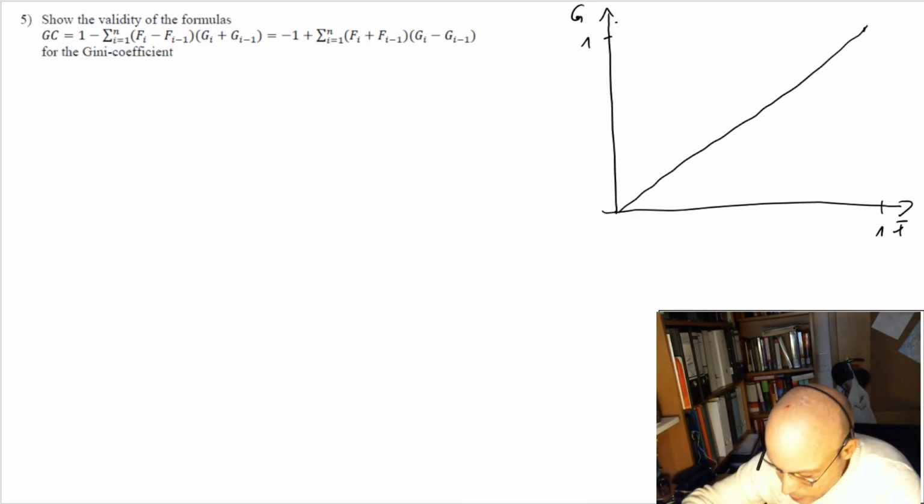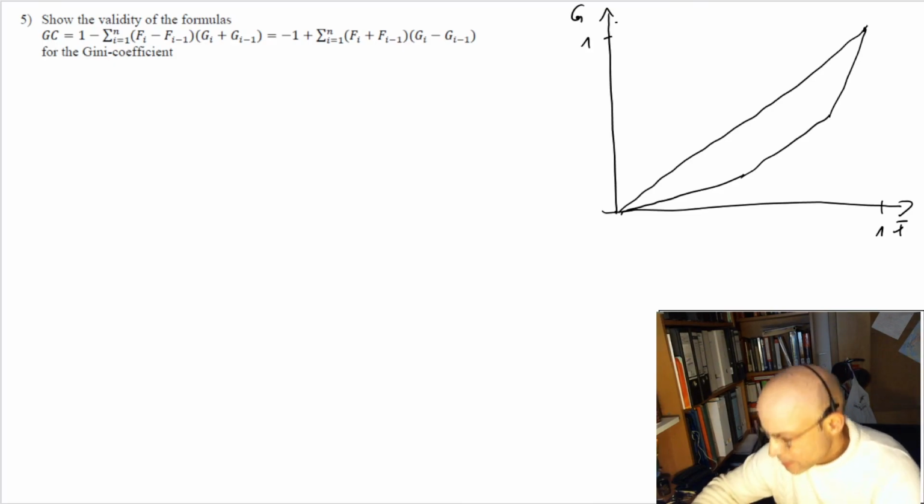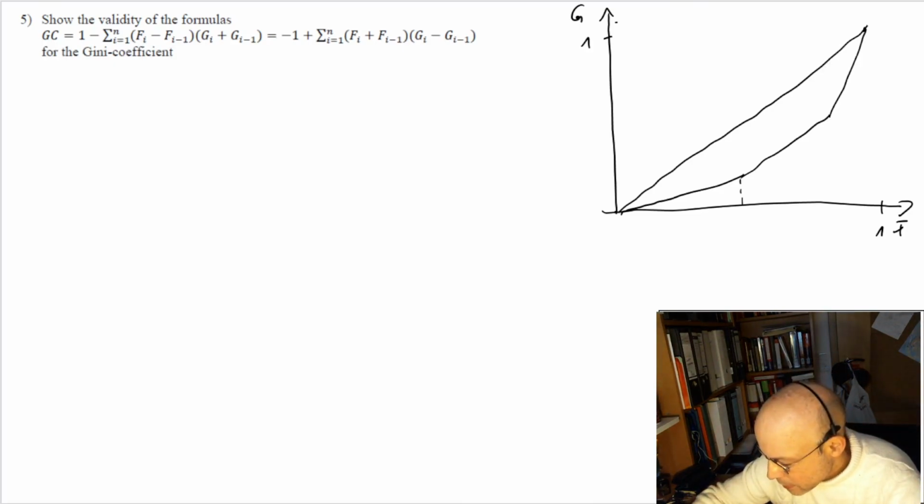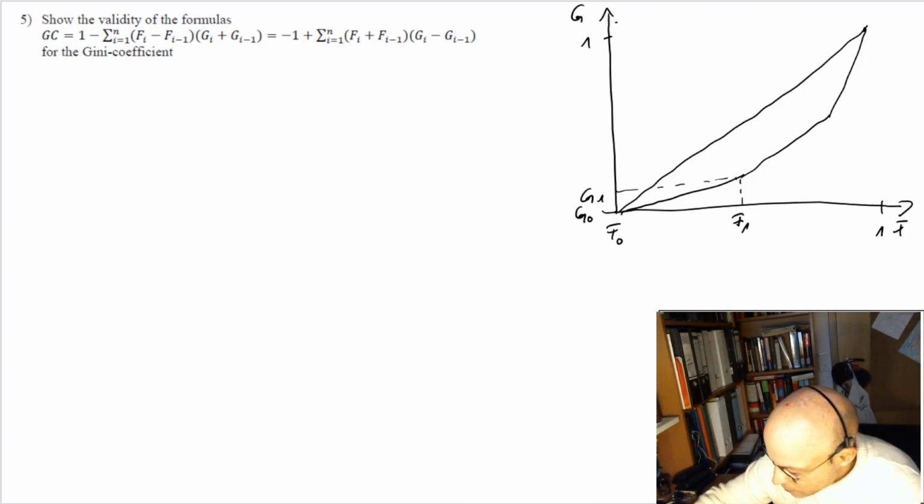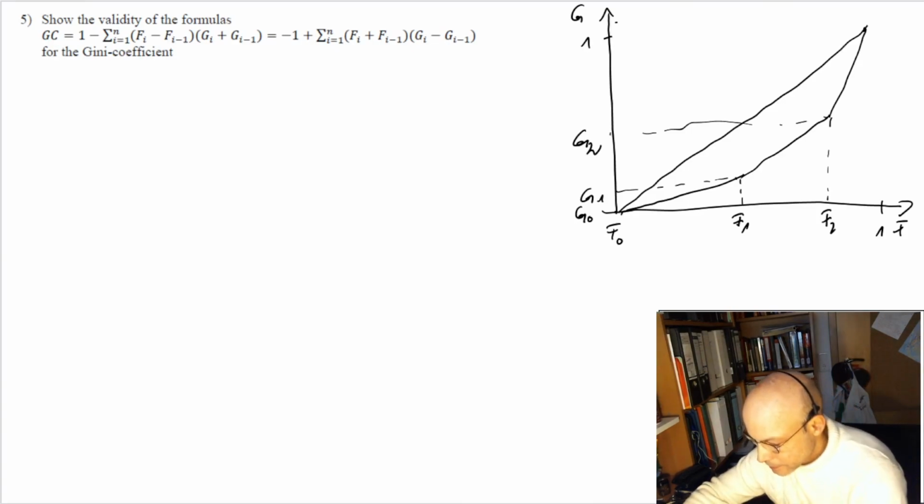And then suppose we have a distribution looking like this. Then we would have here F0, G0, F1. This would be G1, F2, G2.